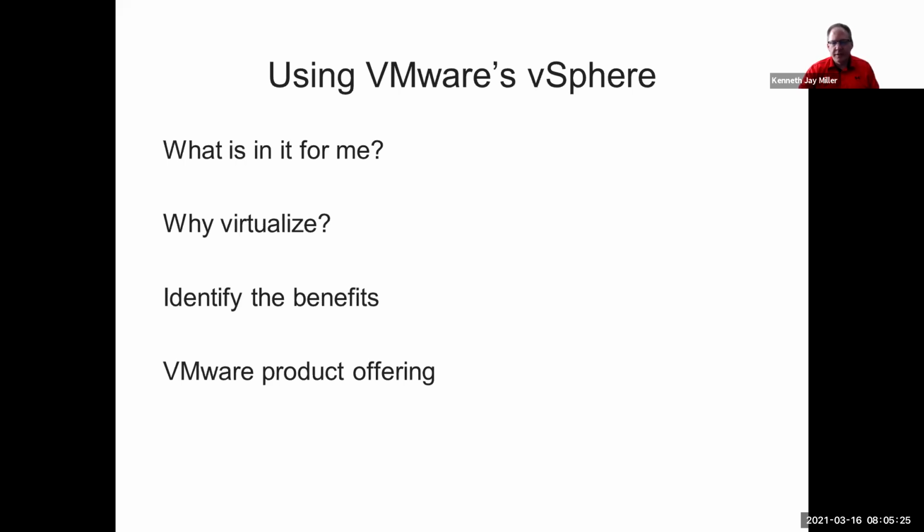So when you're talking about virtualizing and you're a larger company, you're probably walking into a VMware environment. That's just the way it is. So when you use VMware, you want to ask yourself, what's in it for me? Why should we virtualize? What are the benefits? And then what exactly are all the parts that come with VMware?